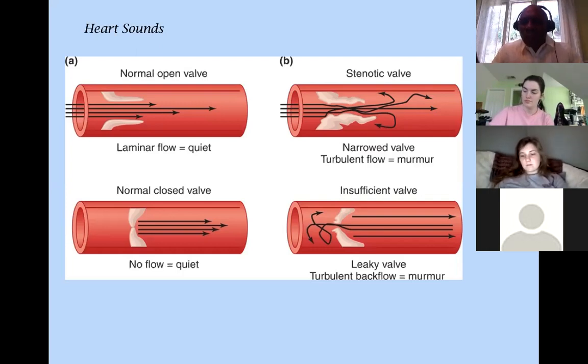They are in laminar flow. So there will be no sound coming from the river. Okay? But on this side, the stenotic valve, the narrowed valve, will have turbulent flow. There will be murmurs.